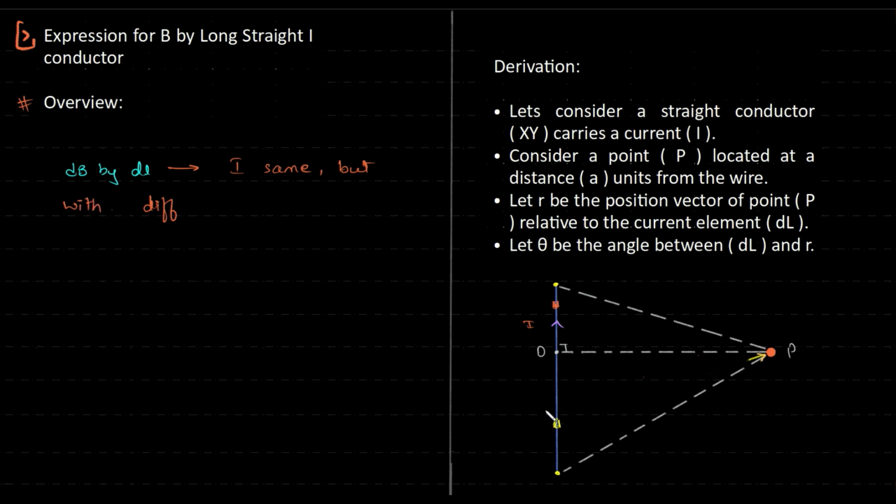Say this is dl, and this is dl, on a wire. Between these two, what is the same and what is different? We are trying to figure out how it affects the space of the point P. You guys need to answer this.